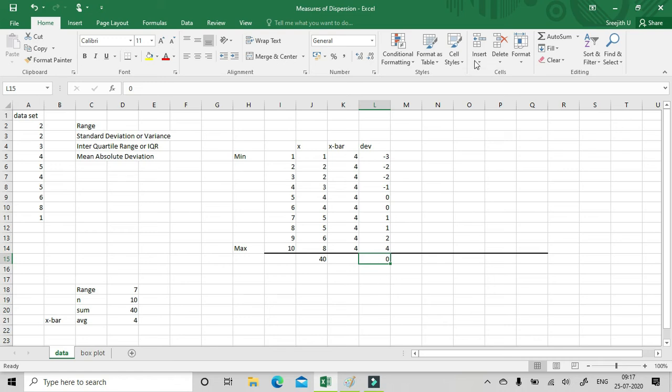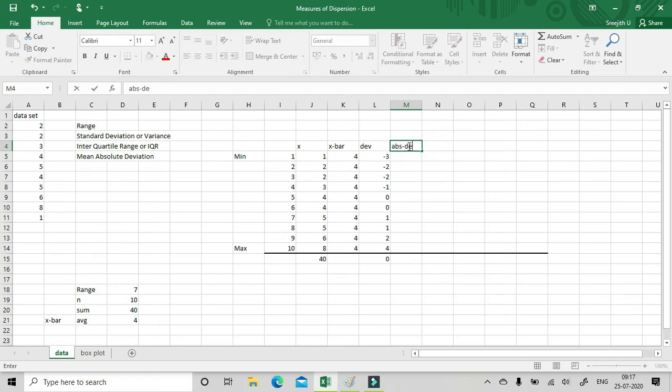Of course, another method we can use is to find the absolute value of this. Instead of taking it as minus 3, we take the positive value of that, and let's call it the absolute value of the deviation.